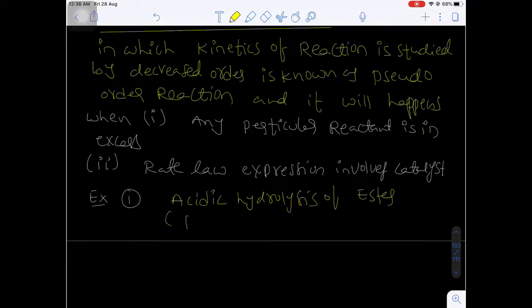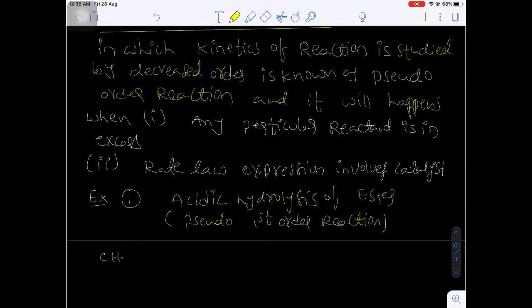It is an example for a pseudo first order reaction. That means it is expected to be a second order reaction, but actually according to experiment it is first order kinetics. Are you getting my point?